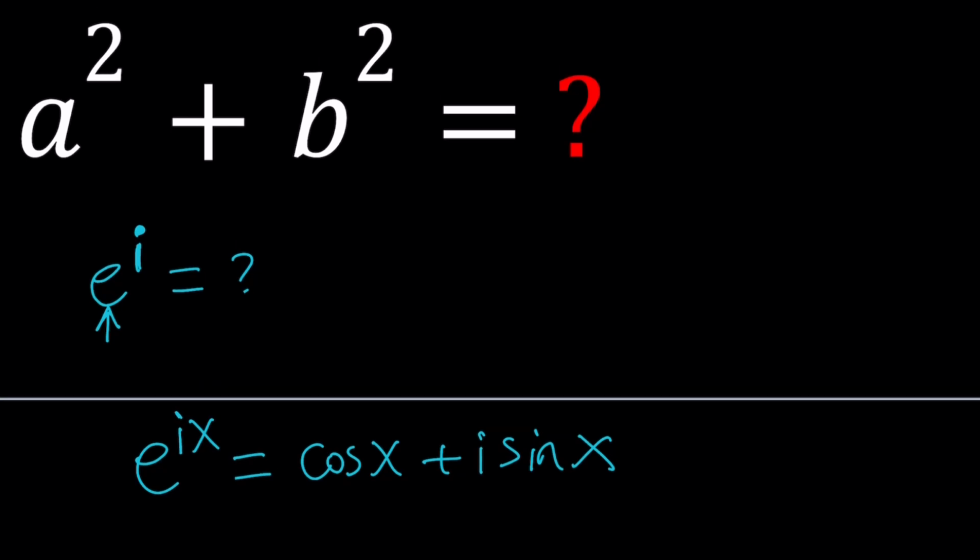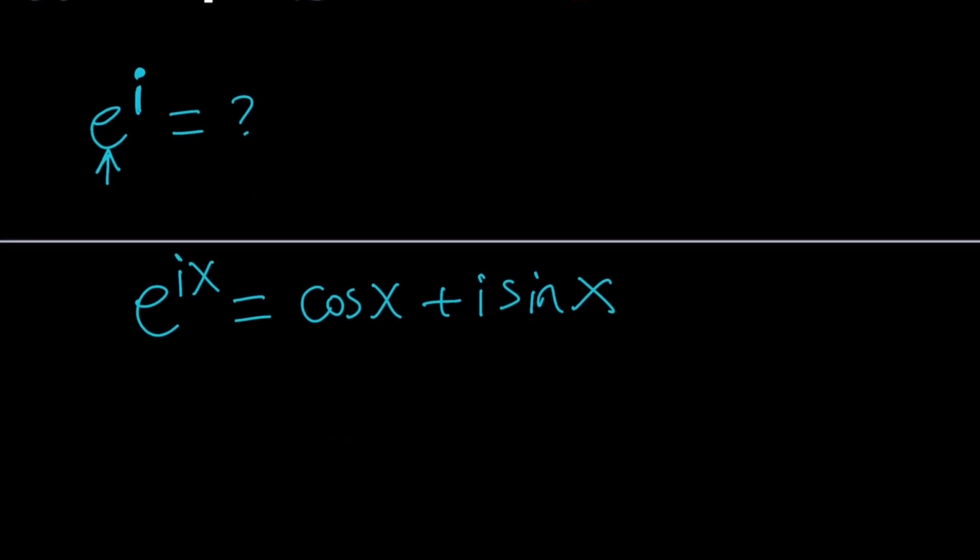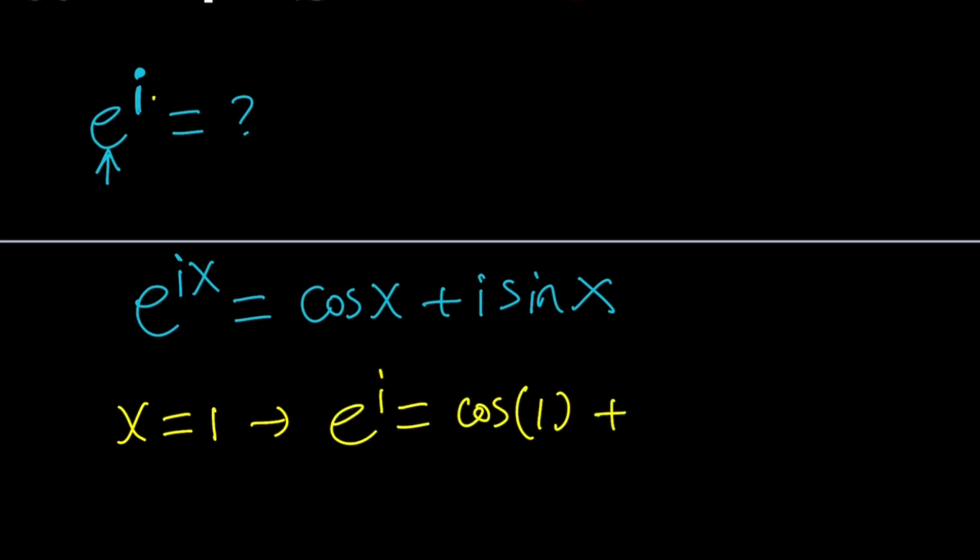If you look at this very carefully, you'll notice that there's no x, because x is 1. And of course, x is measured in radians, needless to say. So in this case, we have x equals 1 radian. What is that supposed to mean? It means e to the power i is cosine of 1 radian plus i sine of 1.